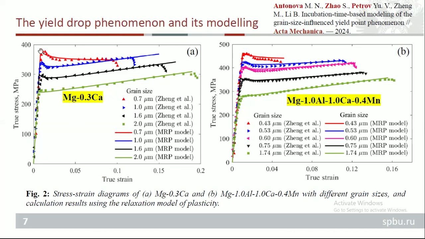So it means a sudden drop in the yield stress once we reach the yield limit, I mean, once after the onset of the yielding process. So figure 2 shows the ability of the RP model to accurately capture this non-monotonic behavior, because the RP model recognizes this phenomenon as a relaxation process.